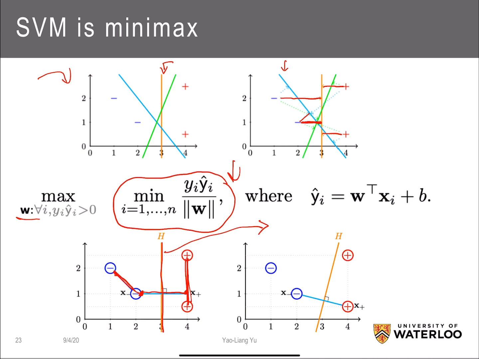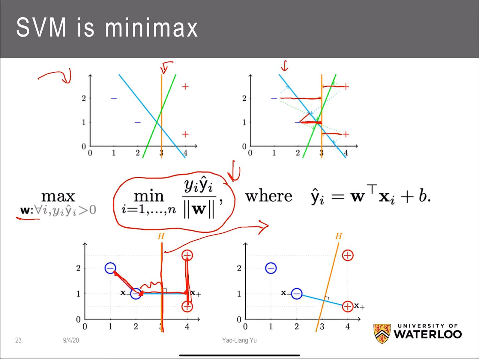And the distance here basically characterizes how difficult or how easy this data set is. The bigger this distance is, the easier the data set is. And if you run perceptron, the faster it converges. So in some sense, support vector machines and perceptron are related to each other.